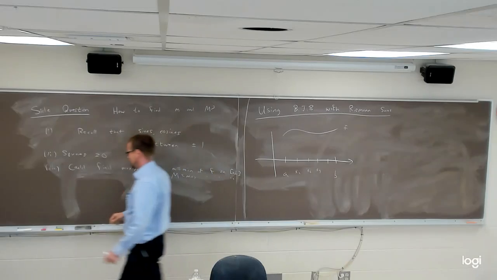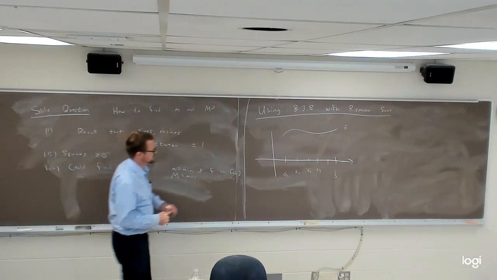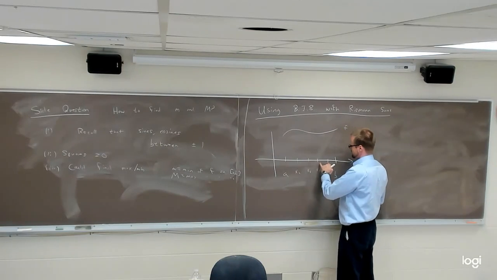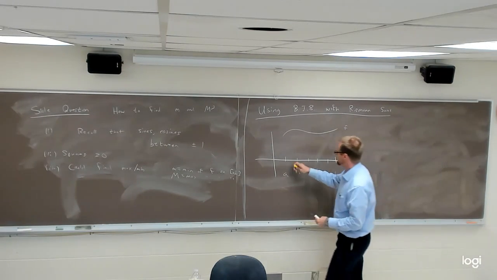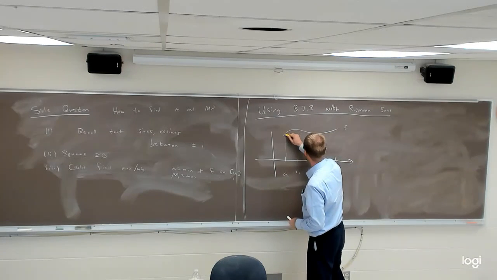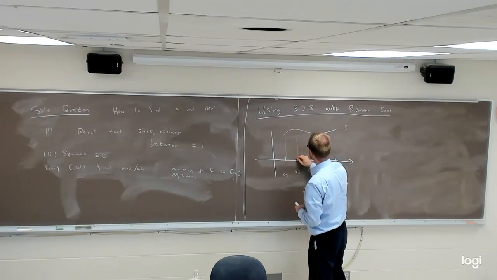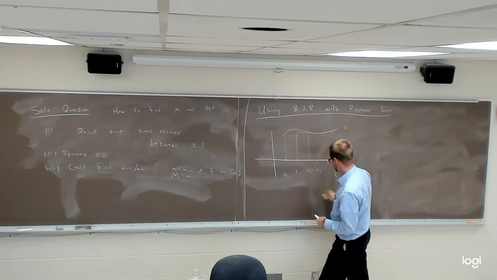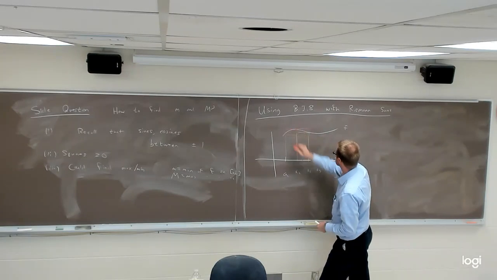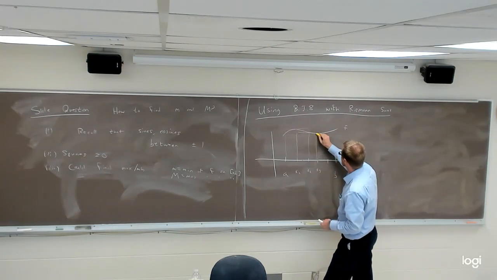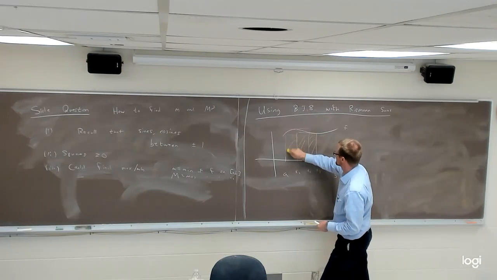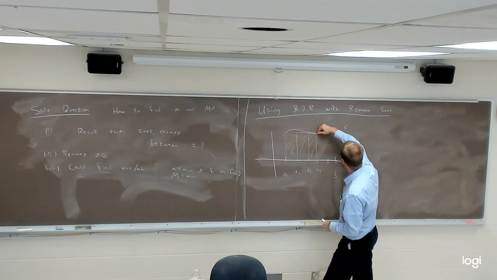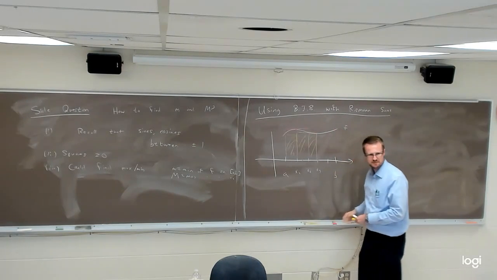The idea here is I can do this lowercase m, uppercase M analysis on this interval, and on this interval, and on this interval, and on this interval separately. So on this interval, maybe I have a rectangle that I know is too small, and a rectangle that I know is too big. And on this interval, I have a rectangle that I know is too small, and one that I know is too big, and so on. I can use the total of all the yellow rectangles as an underestimate for my function, and the total of all the red areas as an overestimate.